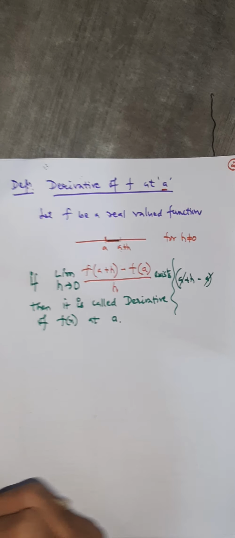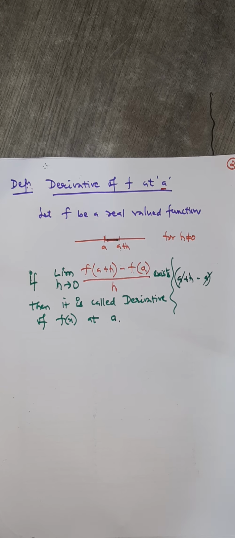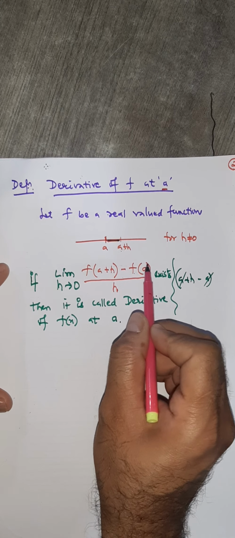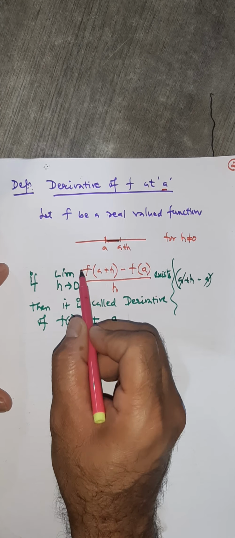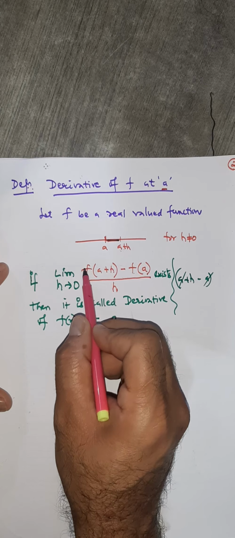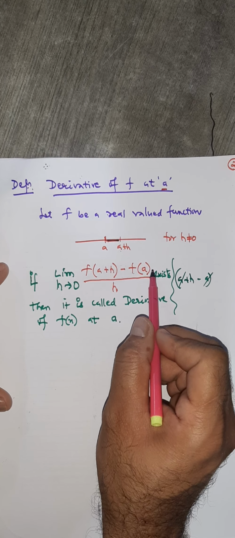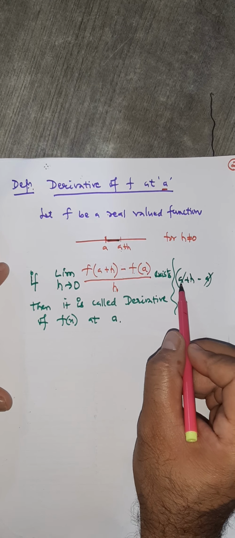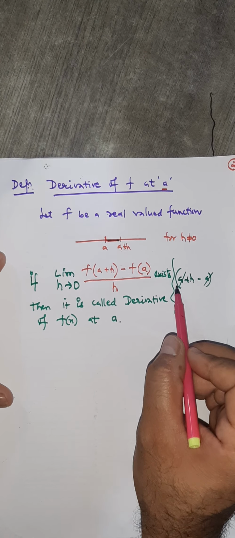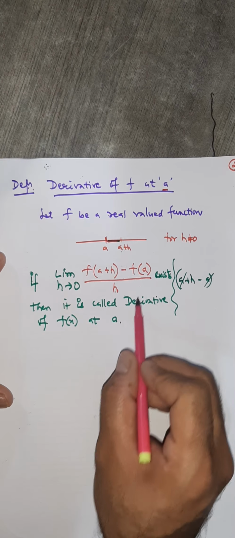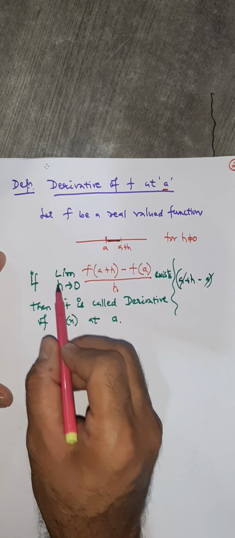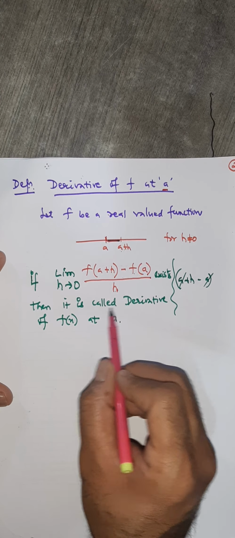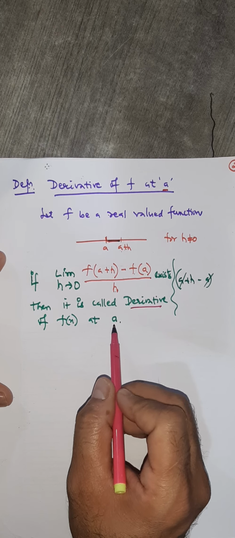See, what is this ratio? If you notice carefully, this ratio is nothing but the change in the values of the function upon the change in the values of the variable, near a, remember. So whenever this limit exists, that limit is called the derivative of the function at a.